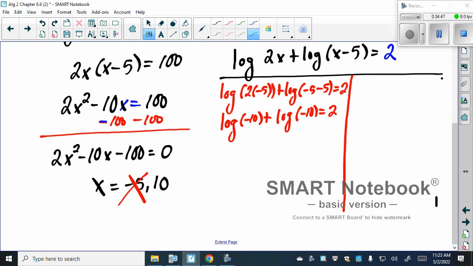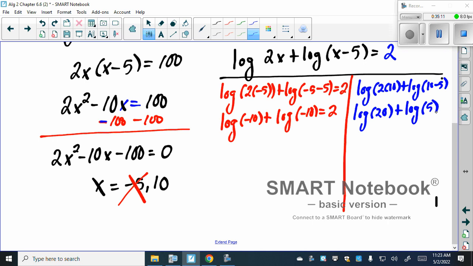But if we check with log of 10, log of 2 times 10 plus log of 10 minus 5, we would get log of 20 plus log of 5. This here works. We do have two whole numbers, and they are positive inside the logarithm.